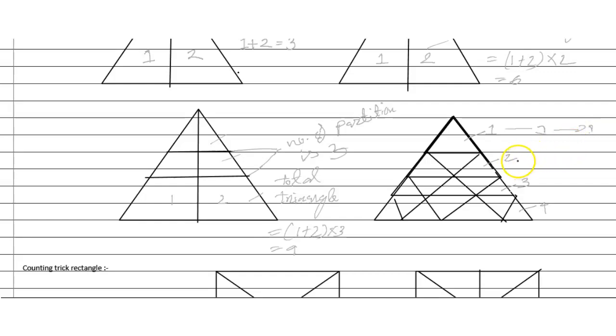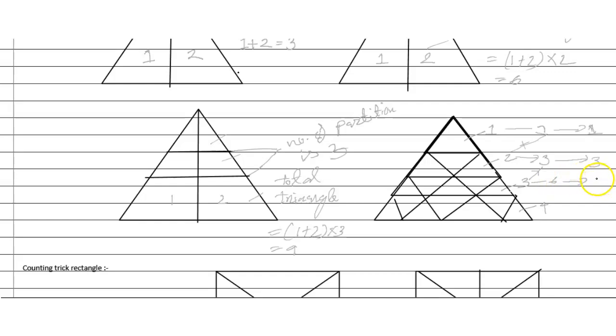After that it is 2. So how can I get? I just add both, 1 plus 2, that is 3. After that 3 plus 3 equals 6.